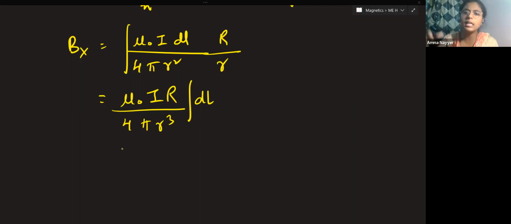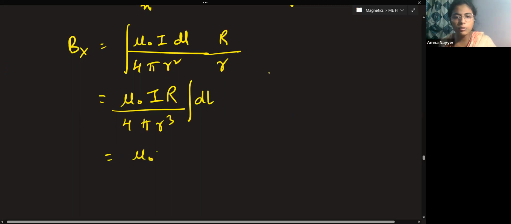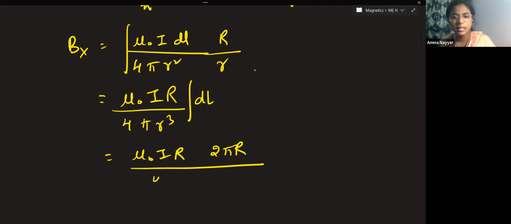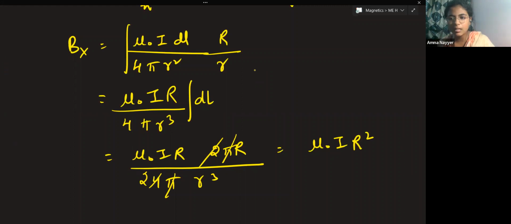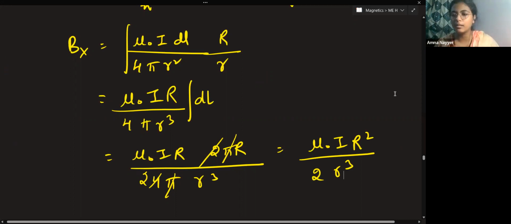You are integrating it completely. So put in the value: mu naught I R times 2 pi R divided by 4 pi small r cube. So pi gets cancelled, 2 gets cancelled. We are left with mu naught I R square divided by 2 r cube. This is the formula of magnetic field.